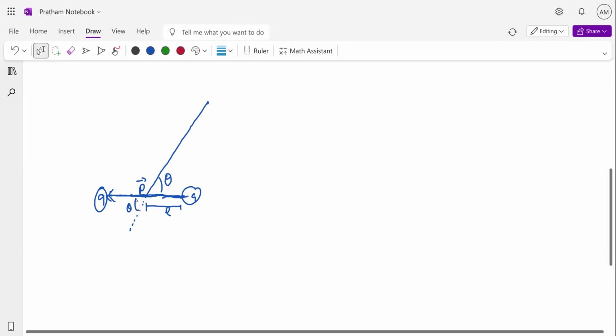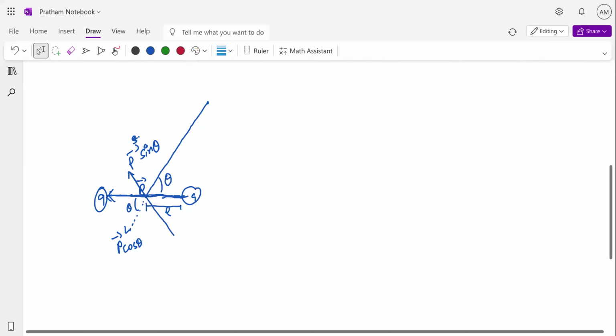So it resolves into two directions: one is p cos theta, and the other is p sin theta.